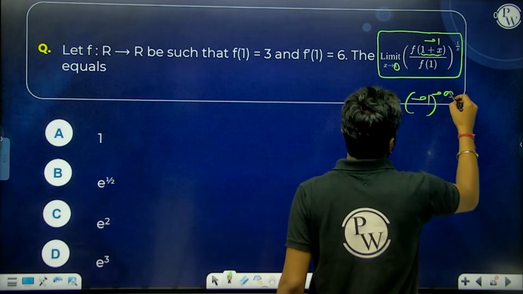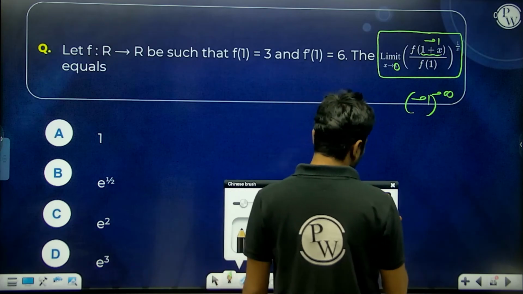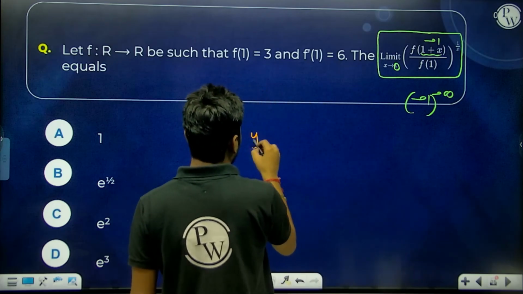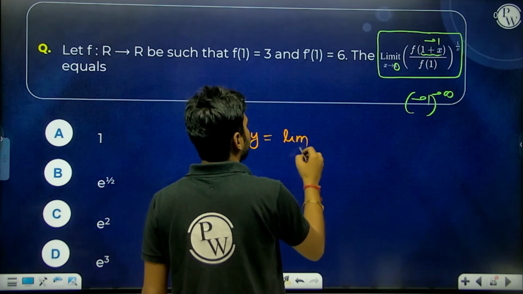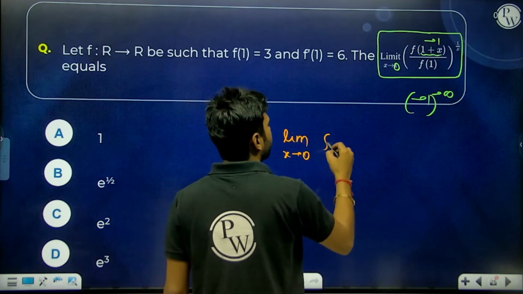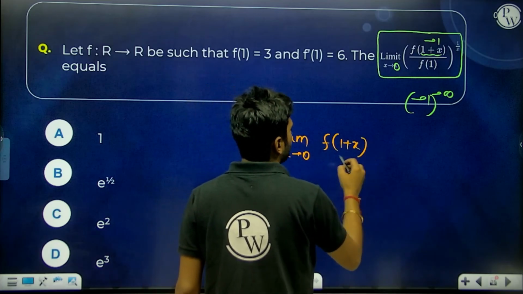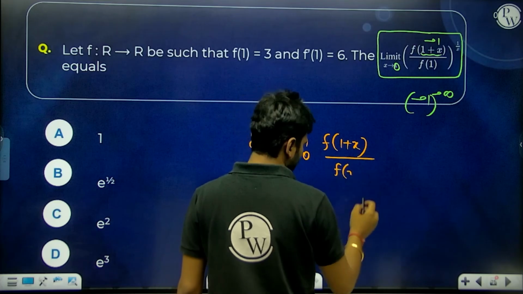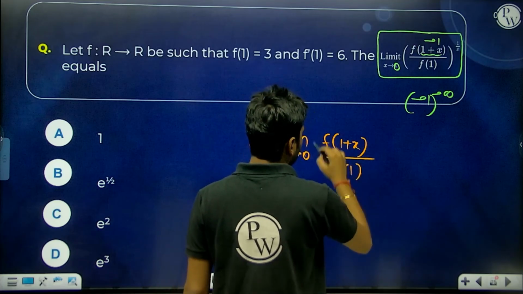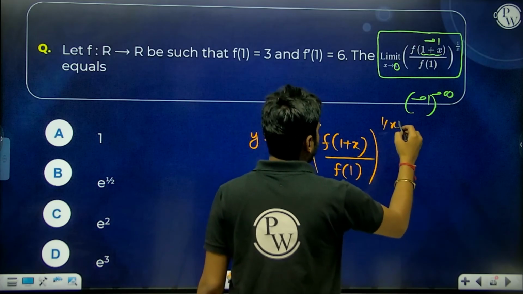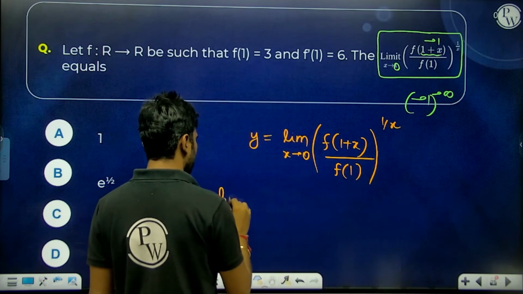Yes or no? So whenever this kind of form is there, what we do, we write this expression equals y, limit x tending to 0 f of 1 plus x divided by f of 1 raised to the power 1 by x.